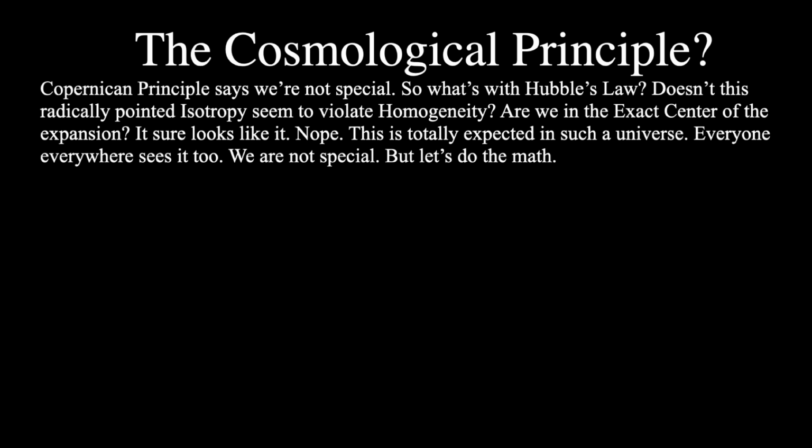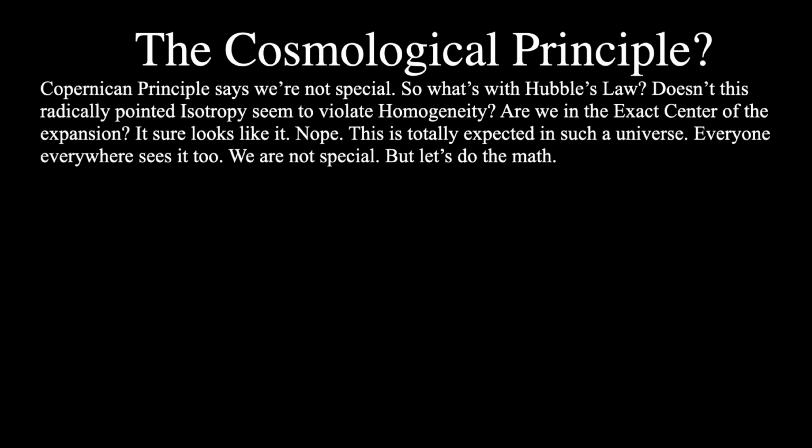Because we started earlier with the idea that the cosmological principle says we have isotropy around one point, combined with the Copernican principle that says we're not special at any point, which implies homogeneity throughout the entire universe. Doesn't this violate the cosmological principle? Because it makes us look like we're a special place, like everything's rushing away from us.